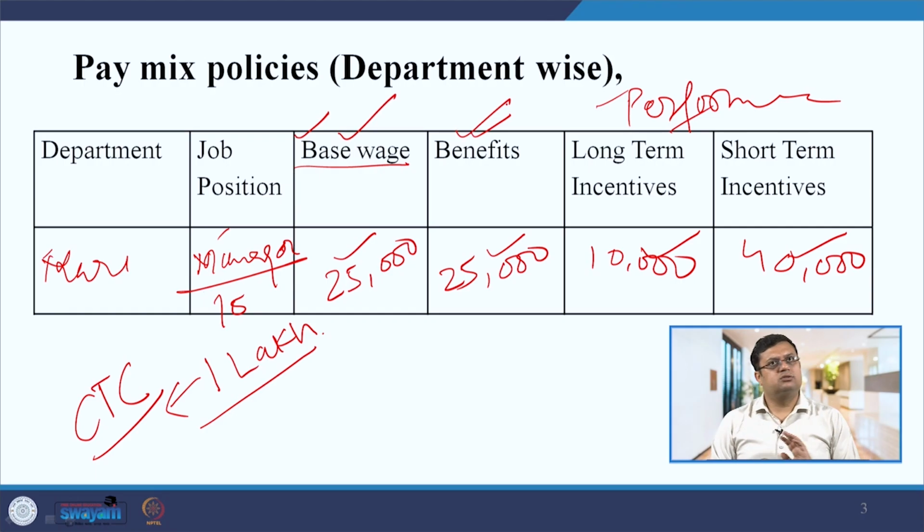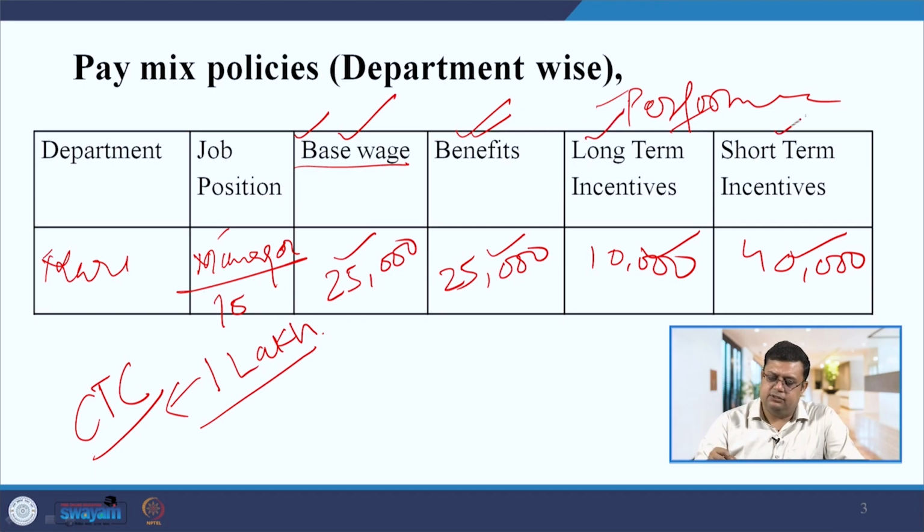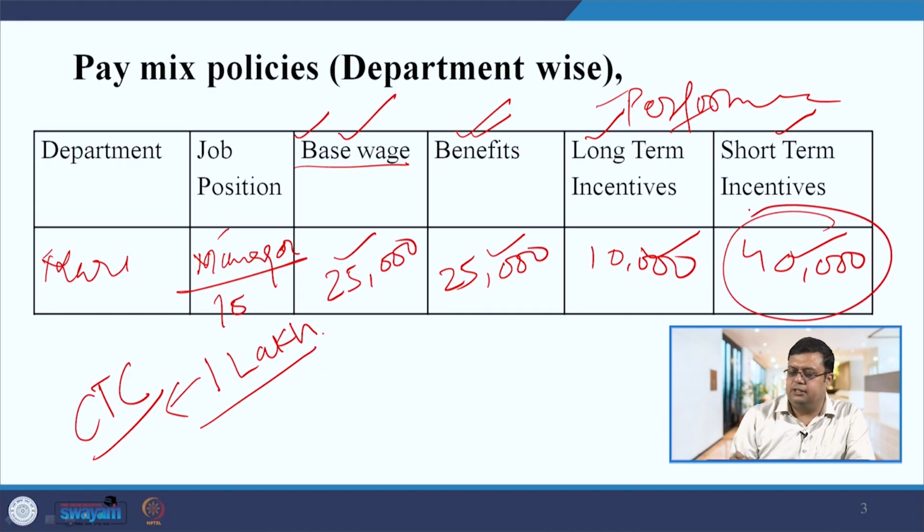Employee benefits are also fixed. Whether your performance goes up or down, it is not going to impact your base rate and it is not going to impact your benefits. But here you can see the long term incentives and short term incentives, both types of incentives will be impacted by whatever performance you have. And you can see the 40% of the salary that you are drawing is coming through the short term incentive.